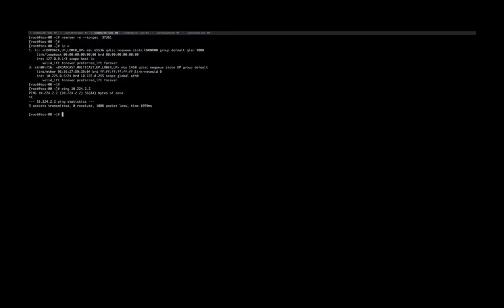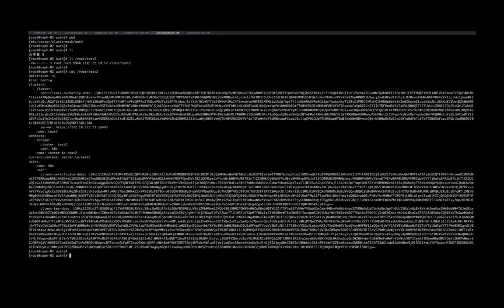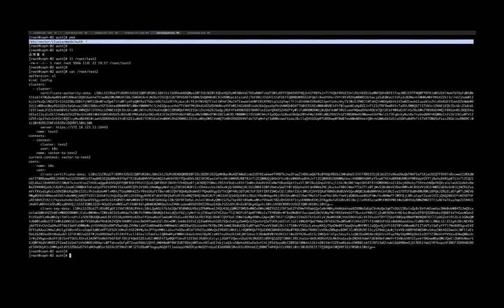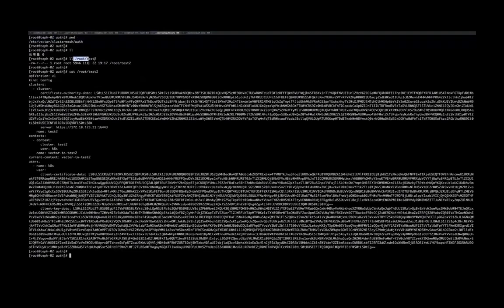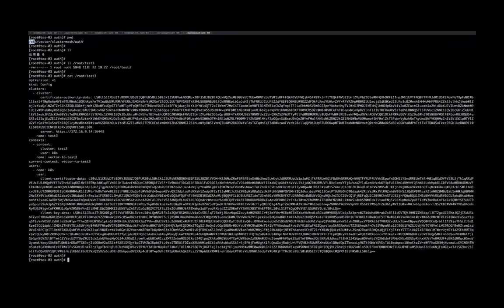Next, I will connect the network between the 2 clusters. Also in cluster 1, we prepared a certification for cluster 2. And in cluster 2, we prepared the certification file of cluster 1.